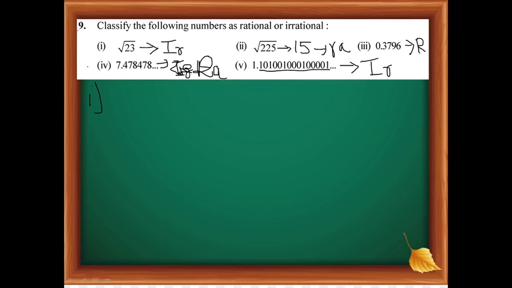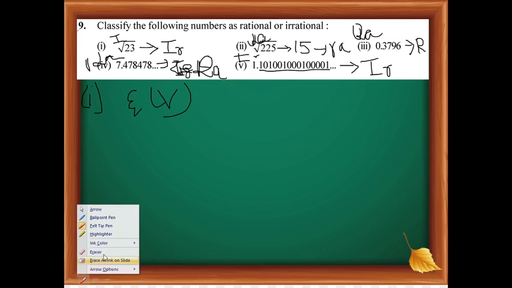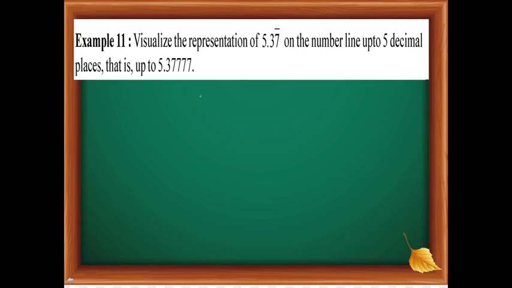First one is irrational. Second one is rational. Third one is also rational. Fourth one is also rational. Fifth one is irrational. So first and fifth are the only irrational numbers from the given questions. I think you understood the reasons also.